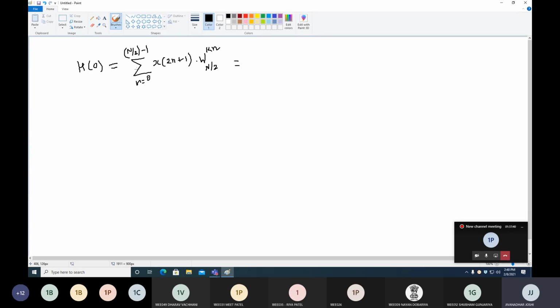Now what about this? This is for h of k. What about h of 0? h of 0 is equal to summation n equal to 0 to 3 of x of 2n plus 1 into W4, what should be the suffix? 4 raised to 0 because k is 0.